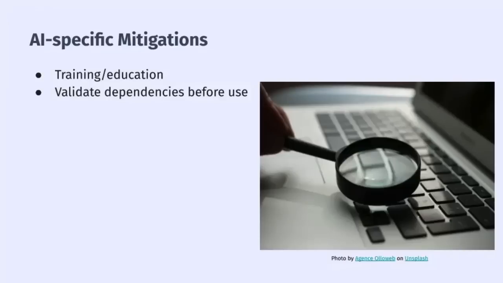Oftentimes we download these dependencies and they've been serialized out to an object, to a binary, and then we need to deserialize them to pull them into our application. Especially in the case of a serialization process like Python object pickling, which is very common, it's effectively running arbitrary code. So we need to be aware of how that can impact our security profile too. Now, oftentimes the validation here coincides with the same validation we do for product correctness. So that's great. But we also want to make sure that the security needs are taken into account.